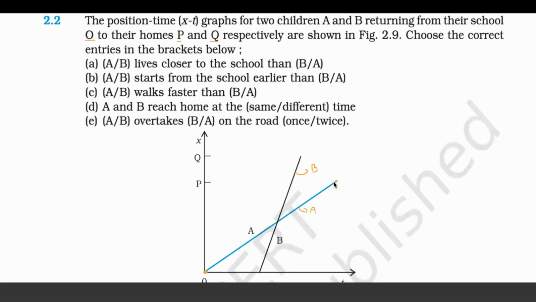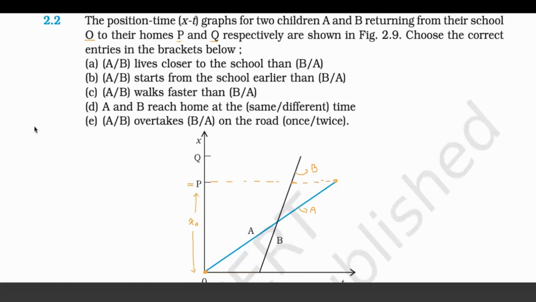After some time, he stopped, which means he reached home. If you draw a line over here, it will meet at P. So P is A's home, the location of A's home. Don't you think from O to P is the distance of A? I will take it as XA. Is this crystal clear?